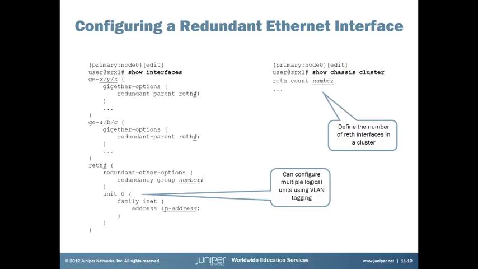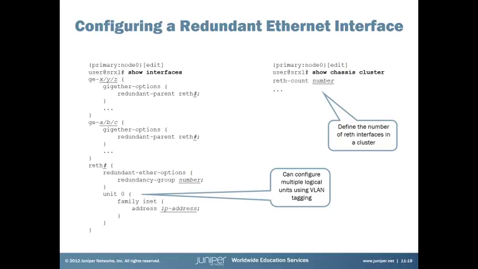Okay, so configuring our redundant Ethernet interfaces. We've got our show interfaces, gig ether options, redundant parent. So we've got the name of the interface there, a REIT number, and we've got the same down here on the other.